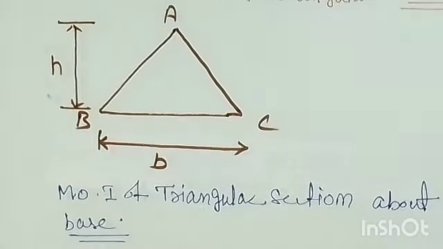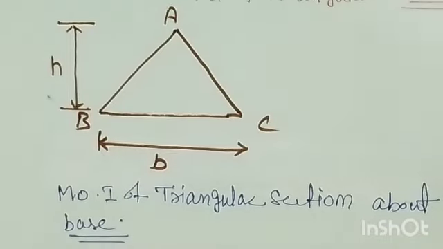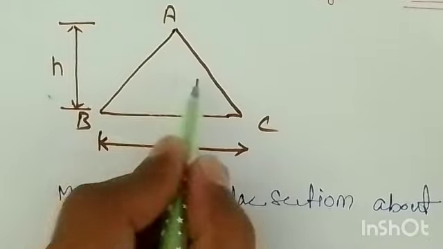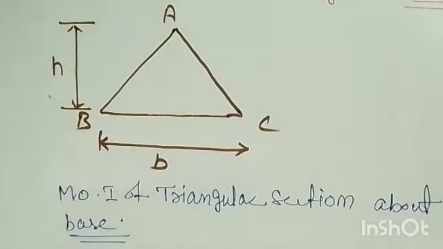To do so we have to consider one elemental strip, which is parallel to BC.